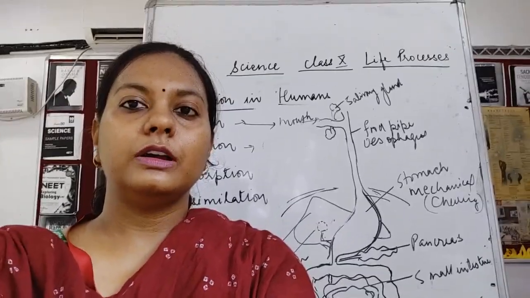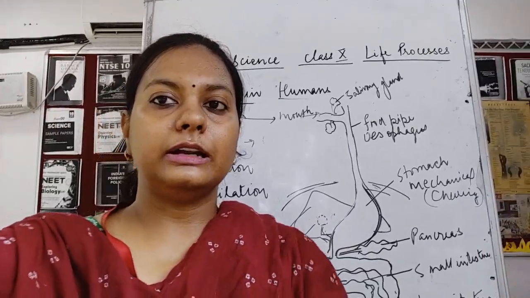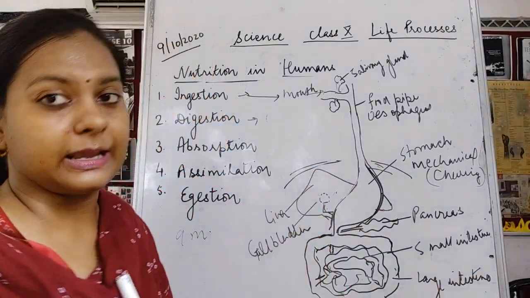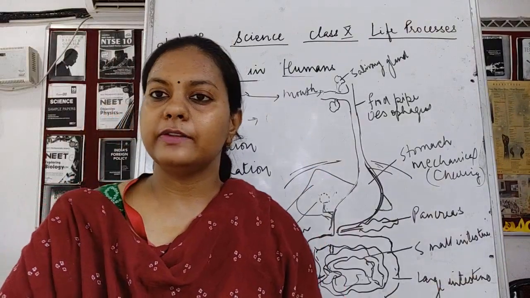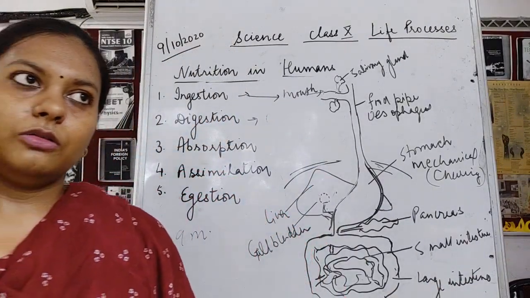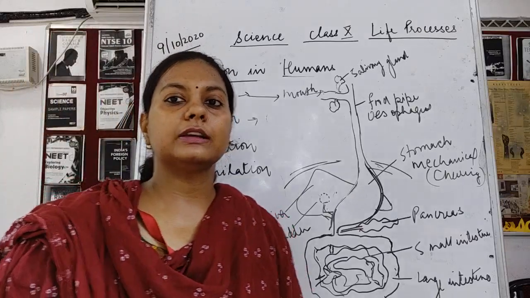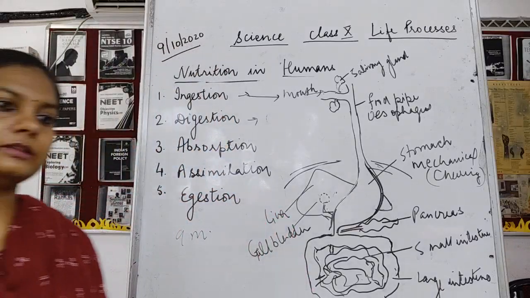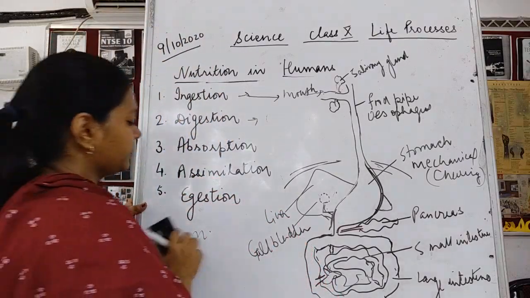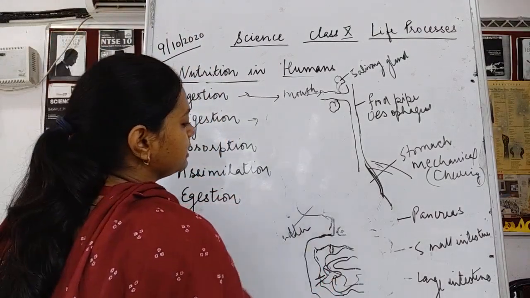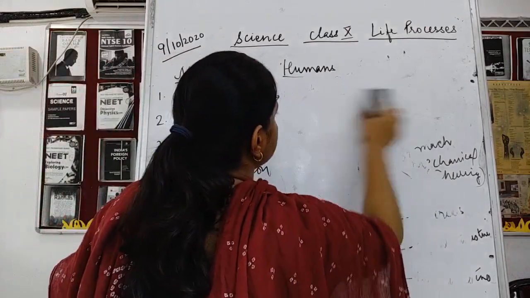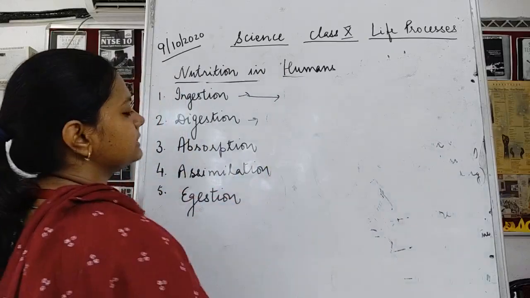The process of complete digestion takes place under all these steps, and these steps take place in various organs, whose structure I have given you now. I'll discuss some more things in this topic, that is how these steps take place inside the body of a human being. Next, what you have to study is the steps of ingestion.